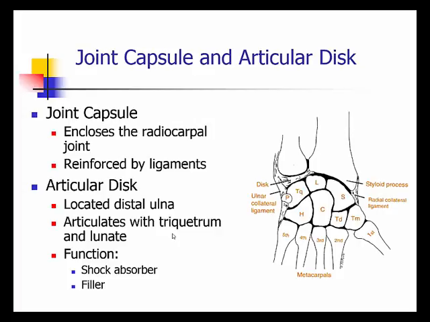You have this disc because the ulna's styloid doesn't extend down like the radius's does. This disc also helps, like I said, as a shock absorber, because as we fall, most of the time we fall with our wrist extended. So that disc is there to help cushion that ulnar side there.